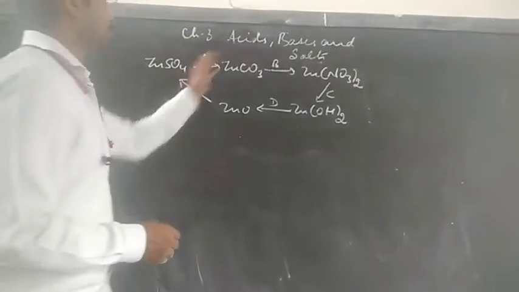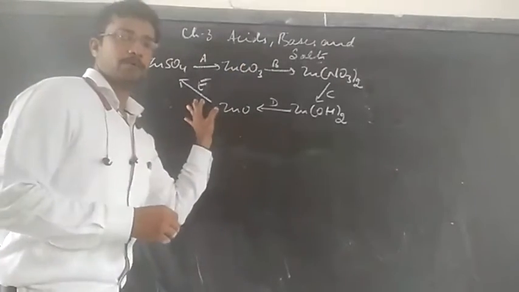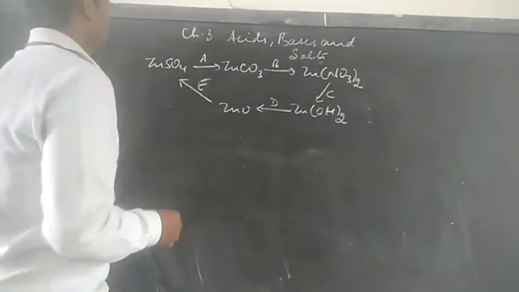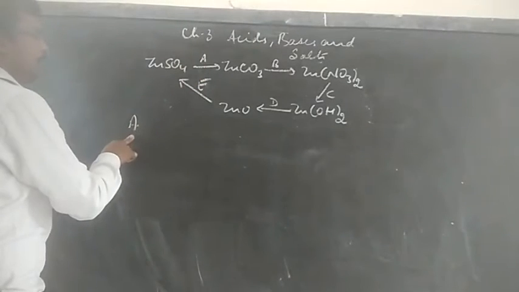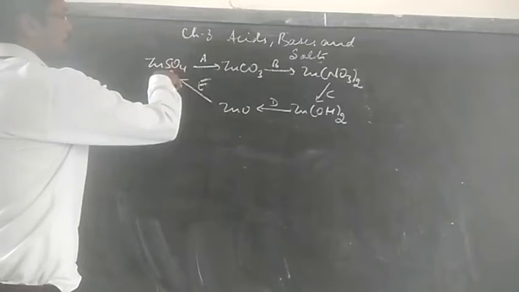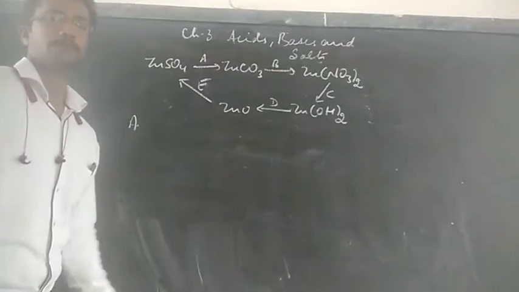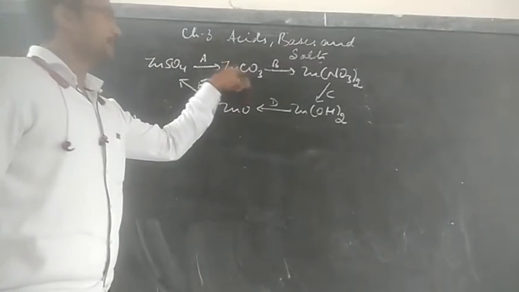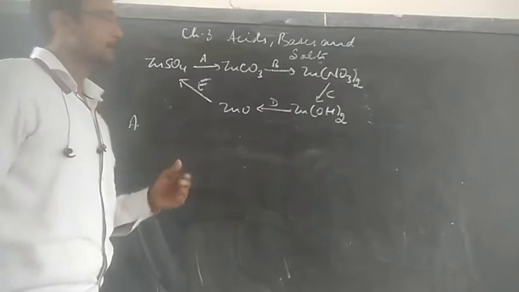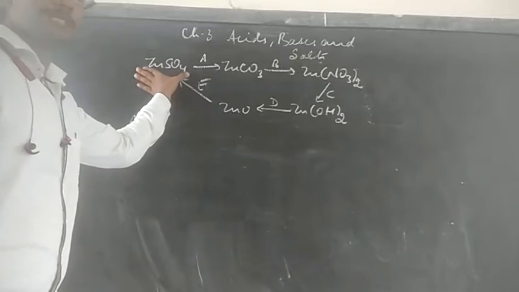What you can see above the arrow, you can take it for numbering. This is for number A, where you have to convert zinc sulfate to zinc carbonate. Zinc carbonate is an insoluble salt, which we are going to prepare from zinc sulfate.